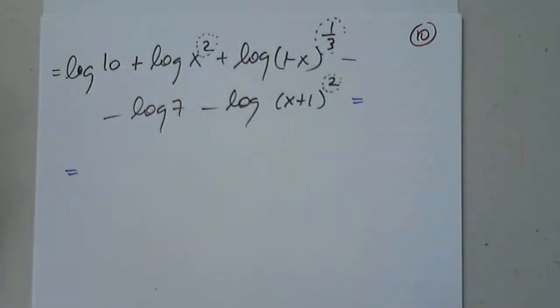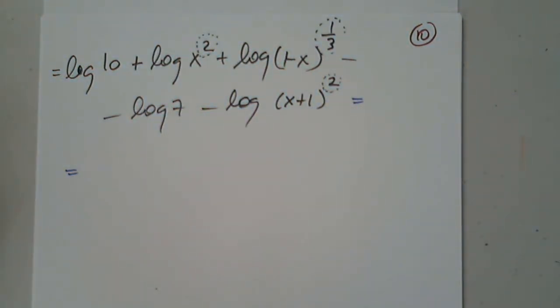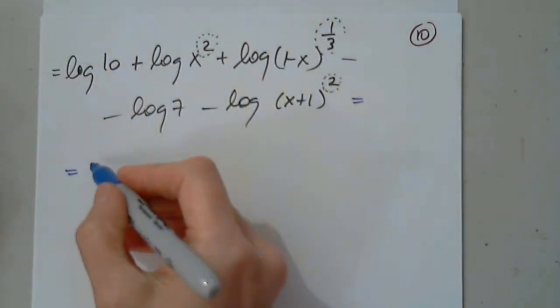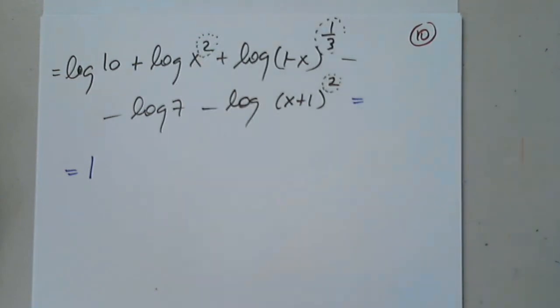Log base 10 of 10. We just discussed that. What is the answer for log base 10 of 10? 1. Excellent. So that is done. What happens to this 2? Where does it go?